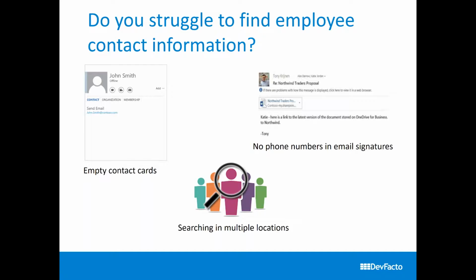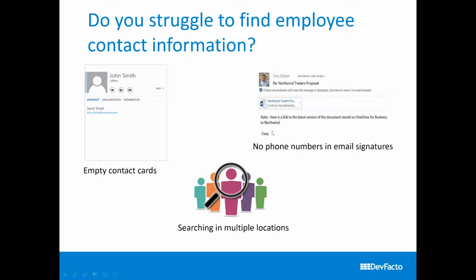So if you're using Skype for Business or the old Lync products, or Outlook, and you're looking at the contact information for the card, more often than not, an organization only has the first name, last name, and email populated. If you don't have that information available to you right away, the obvious next place to go when you're trying to find somebody's phone number is you start combing through all of your emails, start looking at email signatures.